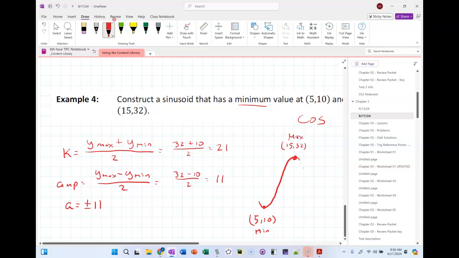And if I were to extend this so that I have one complete cycle, it would look like that, right? Or that would be the end of my full cycle. Everybody agree? Does that picture feel okay?